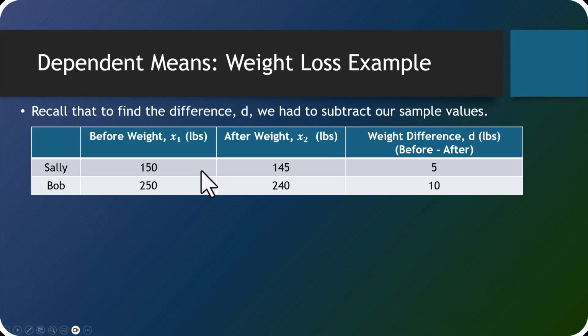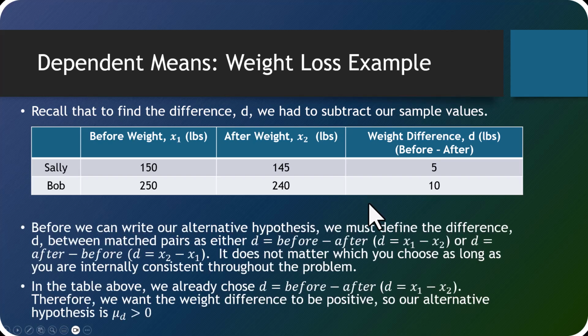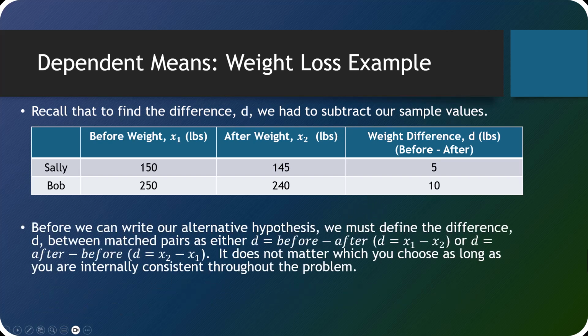Recall that to find the difference D, we had to subtract our sample values, as we did here: 150 minus 145 is 5, 250 minus 240 is 10. Before we can write our alternative hypothesis, we must define the difference D between the matched pairs as either before minus after, or x1 minus x2, or after minus before, or x2 minus x1. Please note that it really doesn't matter which you choose as long as you are internally consistent throughout the problem.